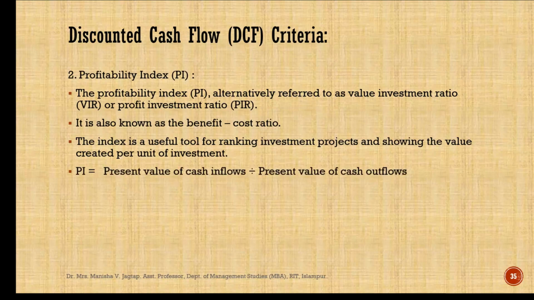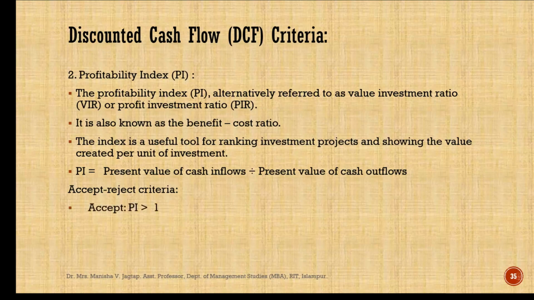The formula used for calculating profitability index is present value of cash inflows divided by present value of cash outflows. See here, this is the accept and reject criteria used for the PI method.